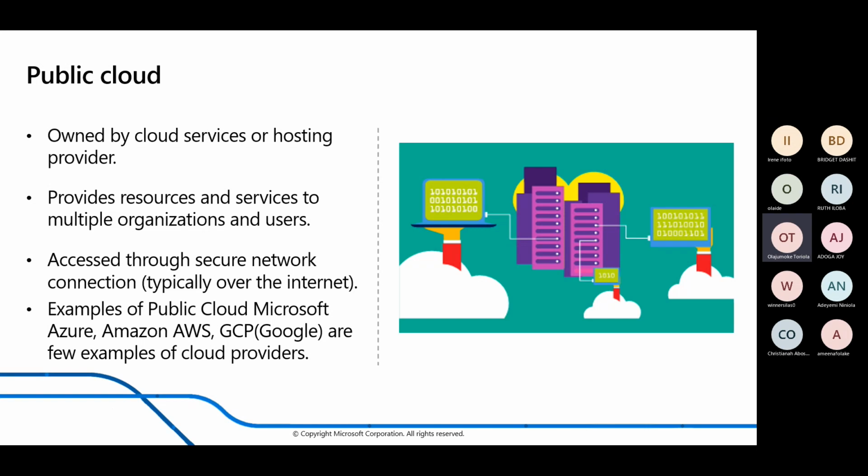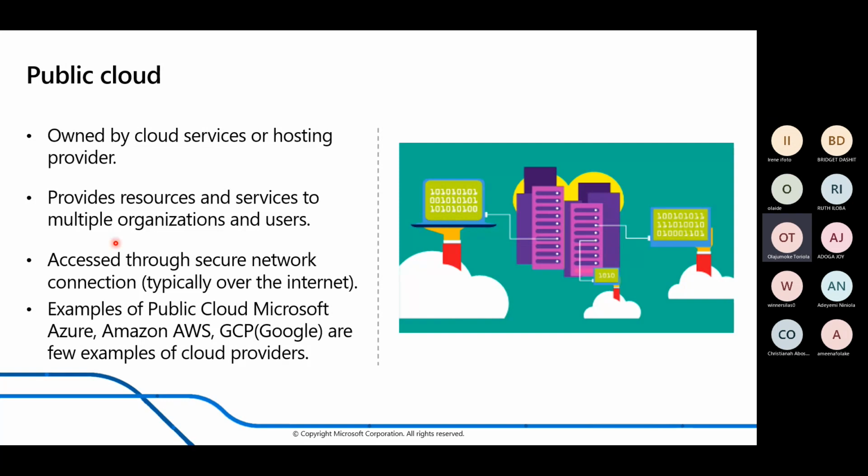So the resources are hosted on the cloud provider. It means everything runs on a cloud provider's hardware. The public cloud provides resources and services to multiple organizations and users. So you see why the concept is referred to as multi-tenancy.